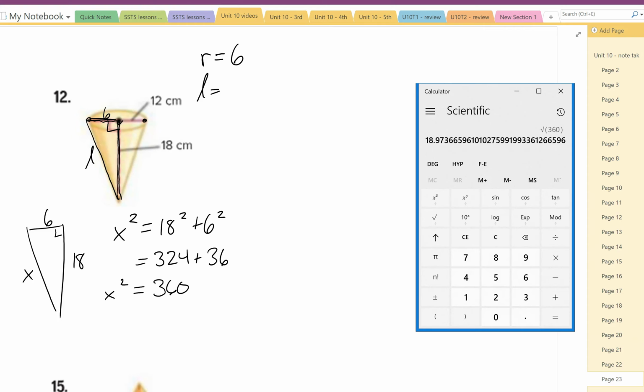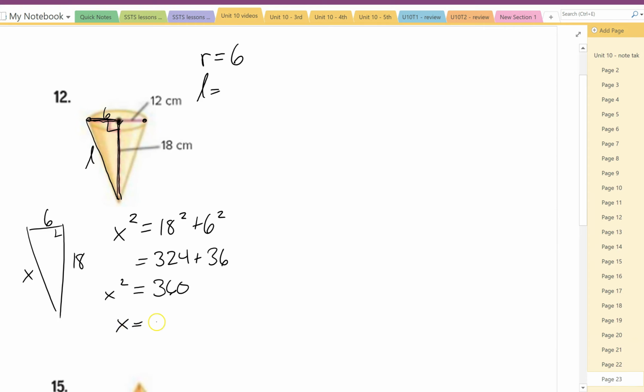18.97. So the slant height, 18.97 centimeters. So the area of the cone is equal to pi times the radius times the slant height plus pi r squared.